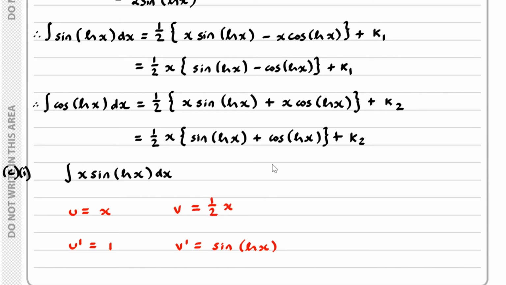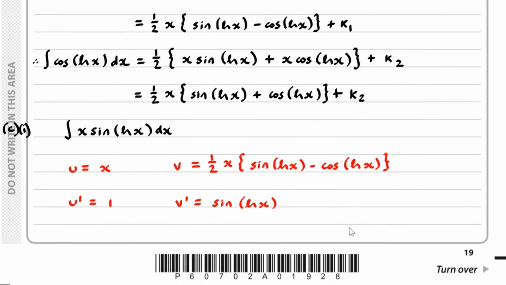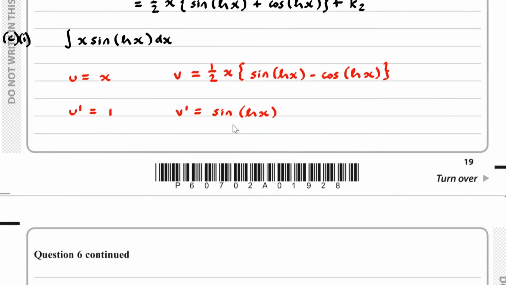V is equal to 1/2 x times the sine of the natural log of x minus the cosine of the natural log of x. So now that we know what this is, what we can now do is integrate as regular.